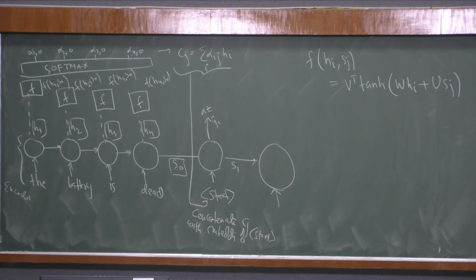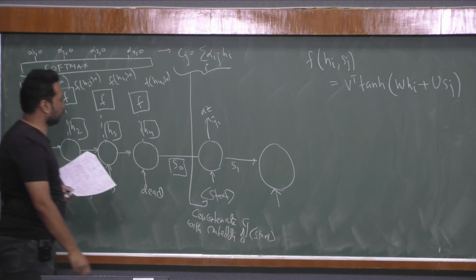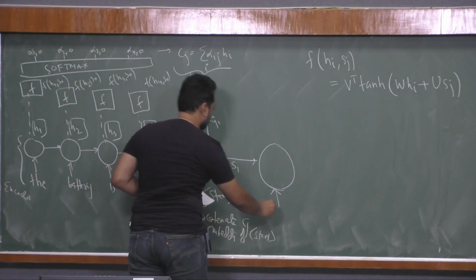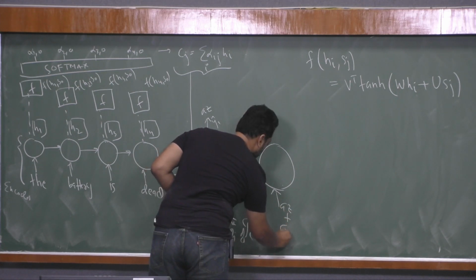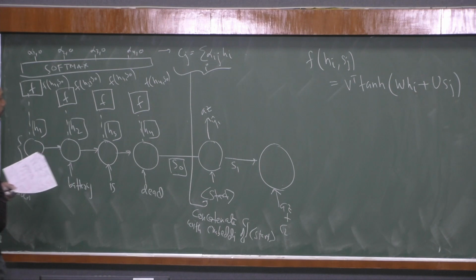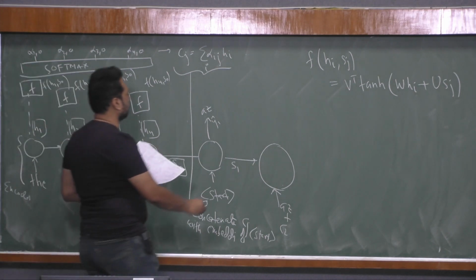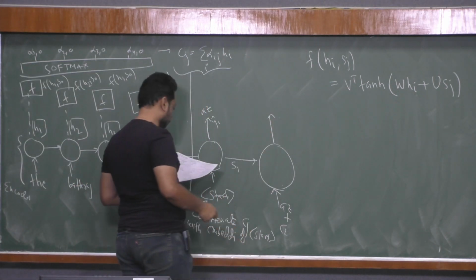Okay, so this context vector then again gets concatenated with, let's say, C2, the second context vector, and that is then used to produce the next word in the sequence and so on.